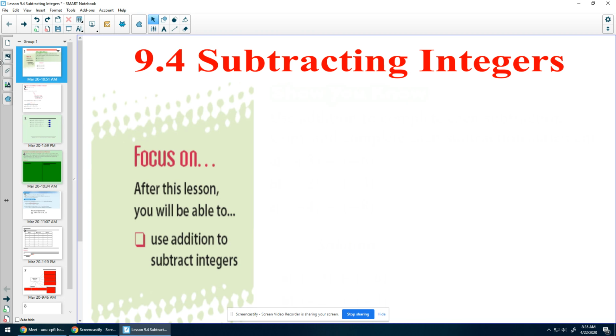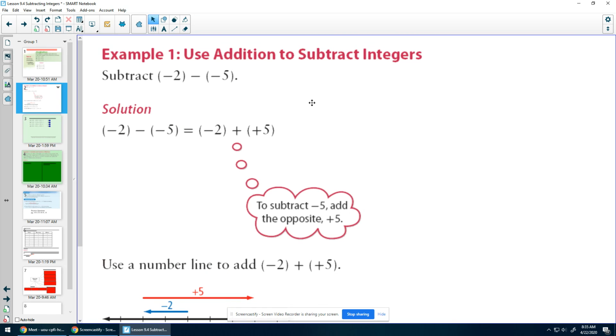All right, we're going to jump right in. Example 1, use addition to subtract integers. This should be familiar from last video. Subtract -2 minus -5. When we subtract, it's equivalent to adding the opposite. So instead of subtracting -5, we're going to add the opposite, which is +5.